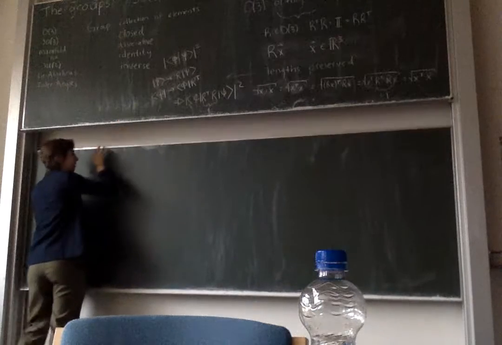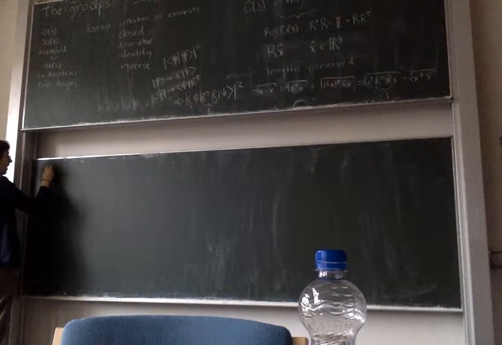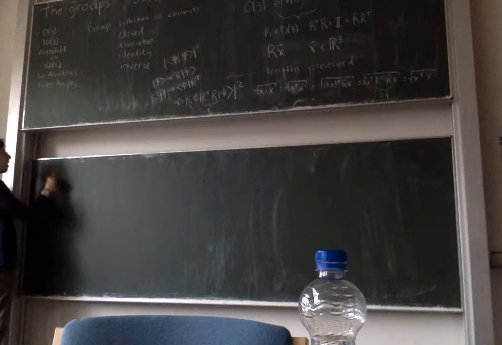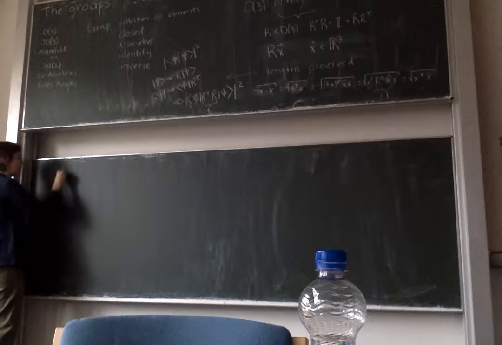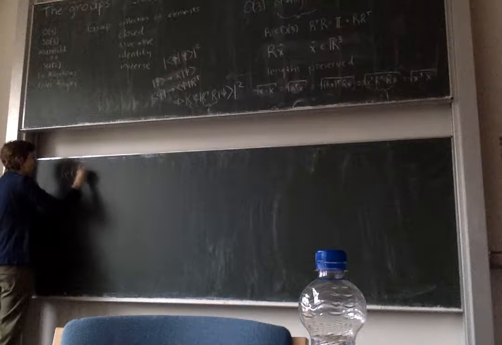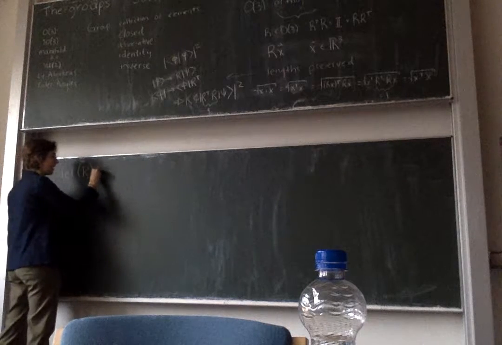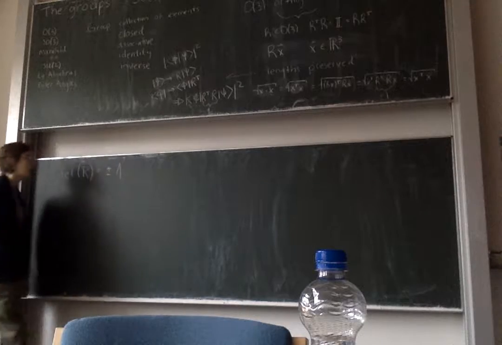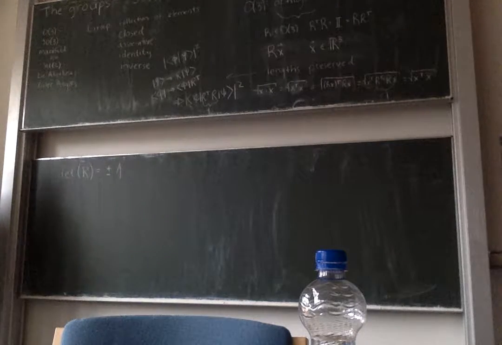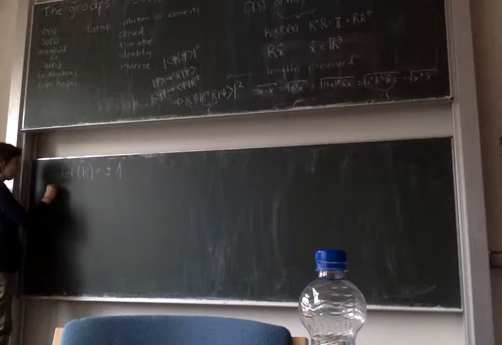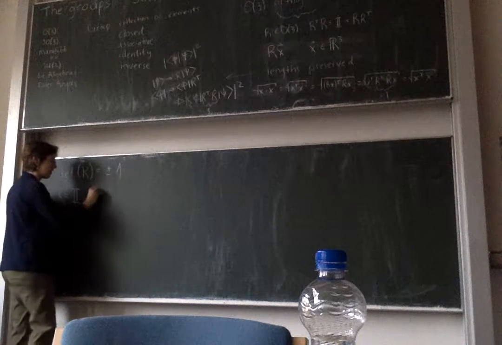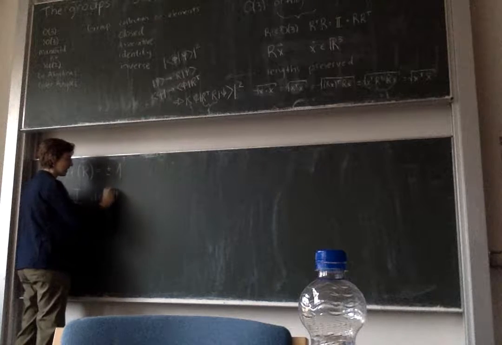Another property of O3: I'm letting R be in O3. So the determinant of all elements in O3 is equal to either plus or minus 1. And if you'd like to see a quick proof of that, we have that RTR is equal to the identity, and the determinant of the identity is equal to 1.